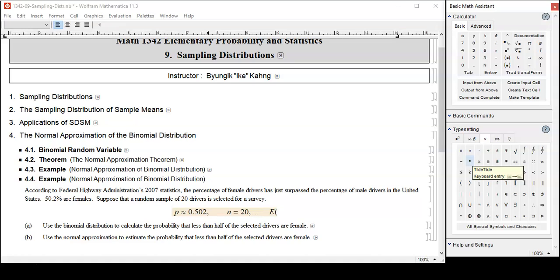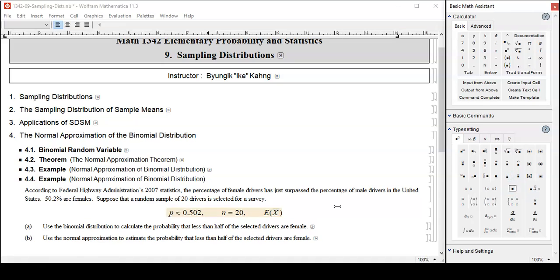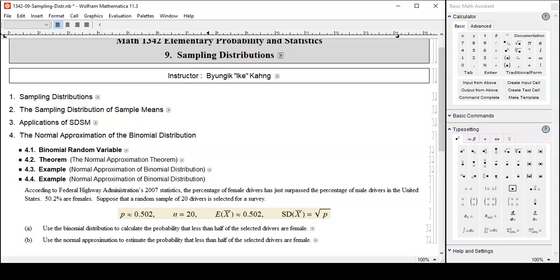And then the expected value of this binomial average, that's going to be what? Just p, right? So this is what we're going to get. It's the same thing. And then what about the standard deviation of that? This is going to be square root of p(1 minus p) over n.